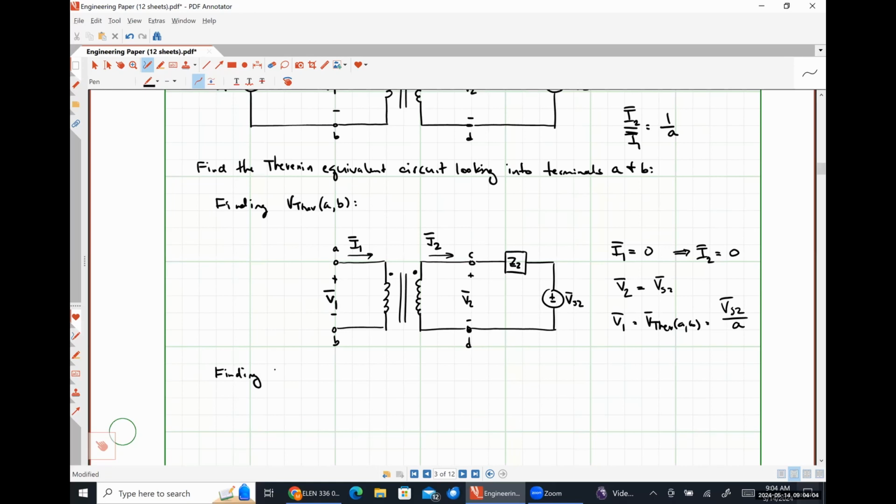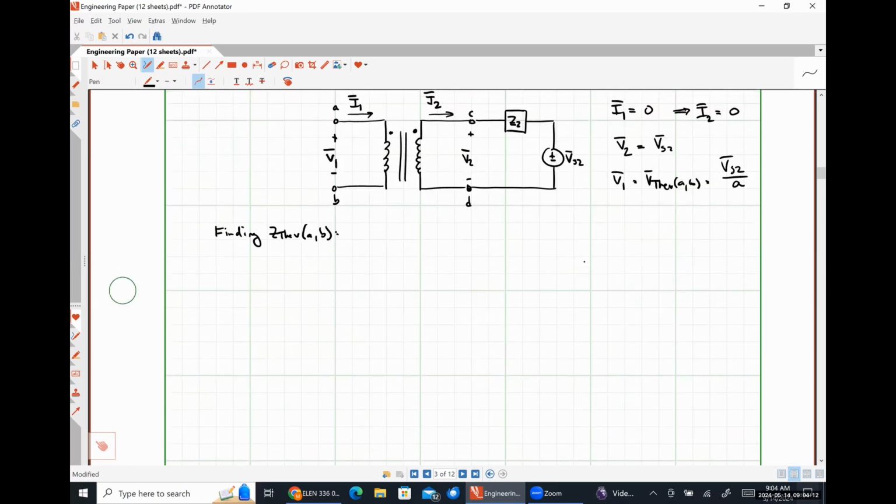Now let's find ZThev looking between terminals A and B. That means I'm going to turn off my voltage source because I'm looking at a dead network.